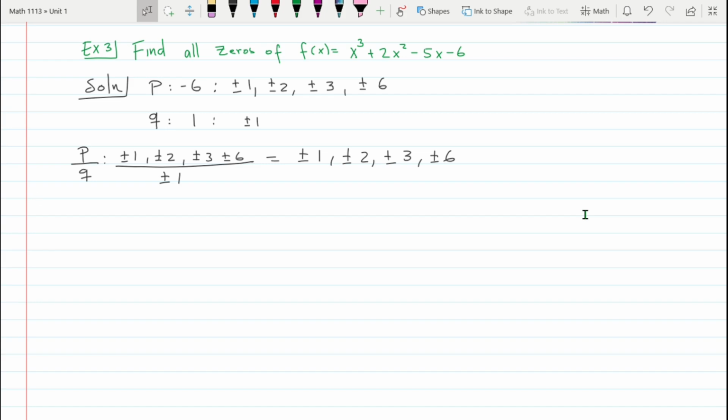So let's check the first possible rational zero. We'll do 1. So positive 1, we're going to see if it works as a possible rational zero. So we're going to put the coefficients of f of x here.